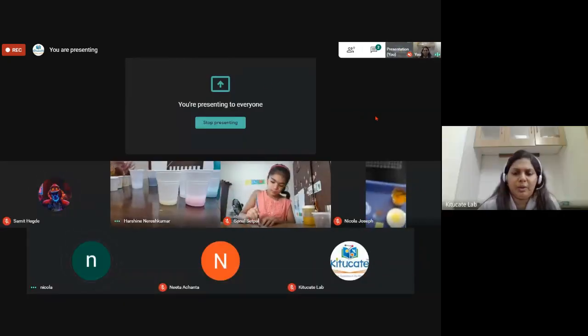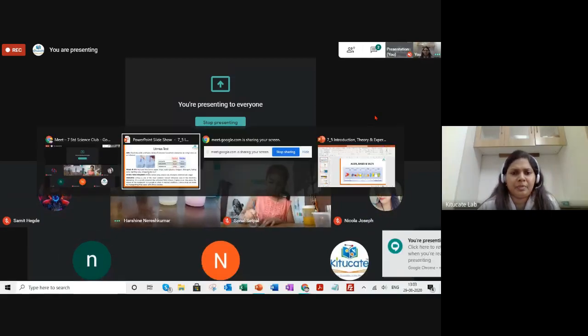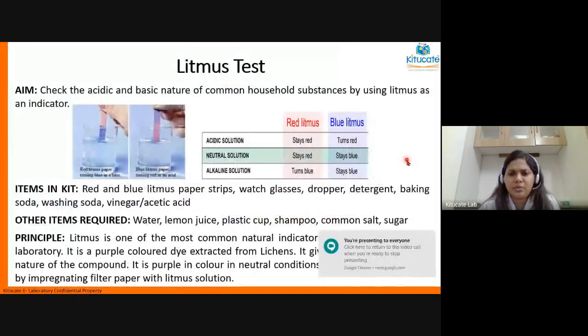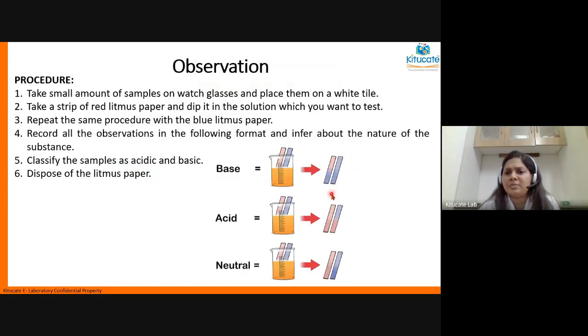Okay, so let's move on to the next test now. We did the litmus test and our observations were noted: for a base, blue remains blue, red turns blue. For an acid, red remains red, blue turns red.